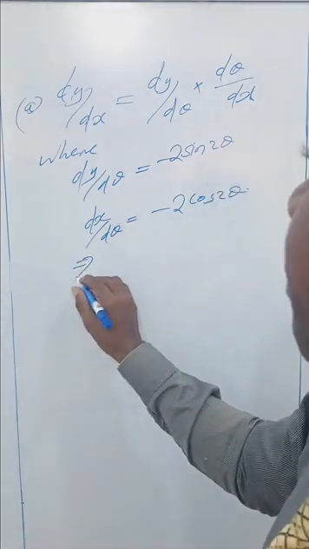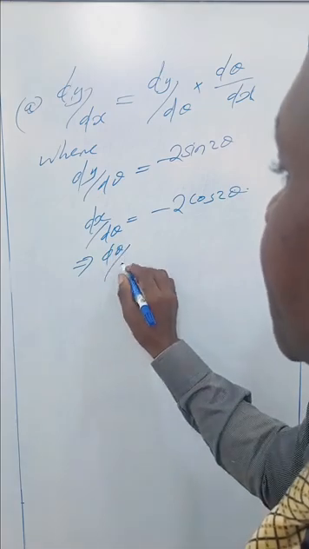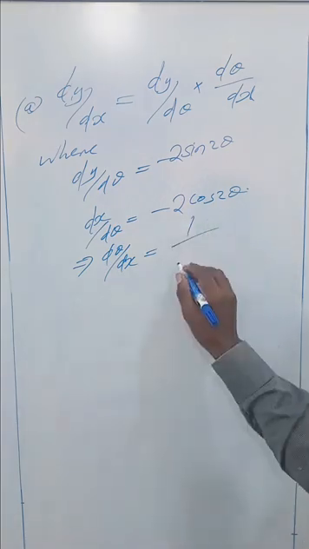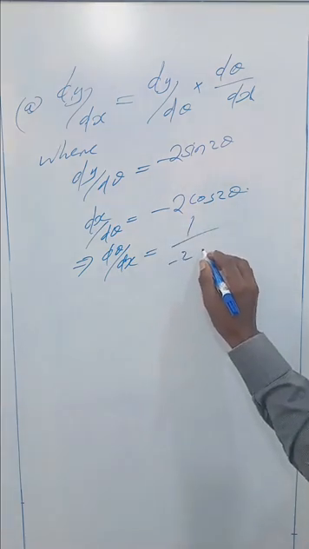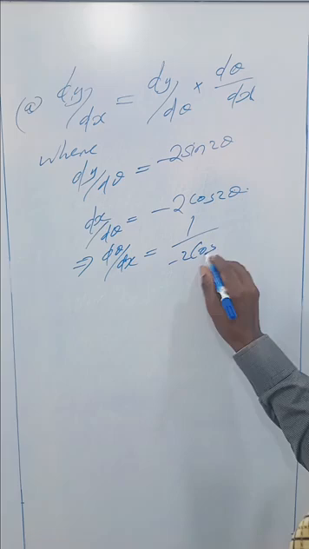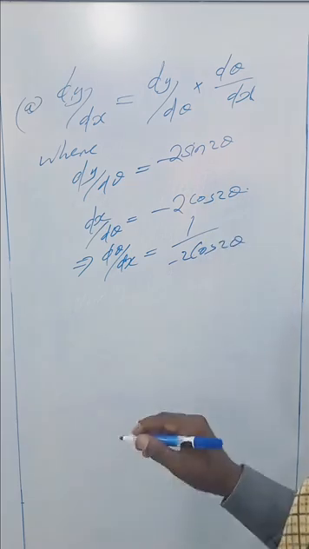So what does it mean? It means that d theta/dx is the reciprocal of negative 2 cos 2 theta.